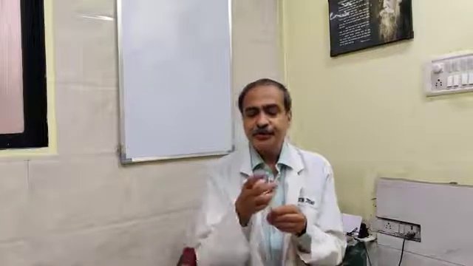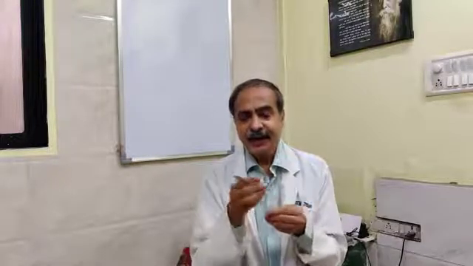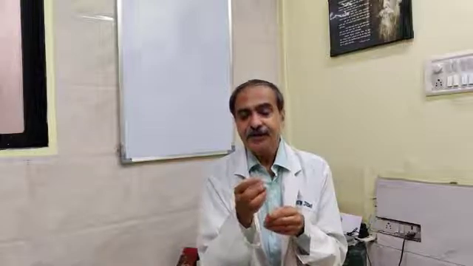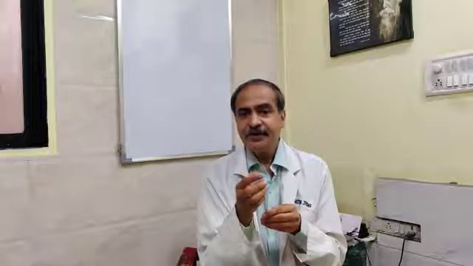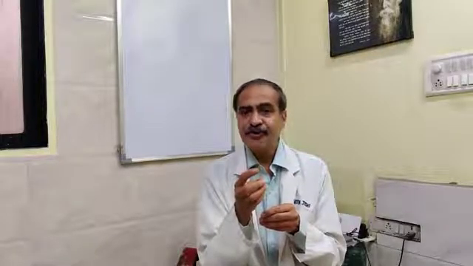Now, what we have seen is that in the case of the loop, two important points are the proper fitting of the loop with the working element and the insulation. If there is any fault in the insulation of the loop, then whatever current is passing, cutting or coagulating, a portion will be diverted to the instrument.